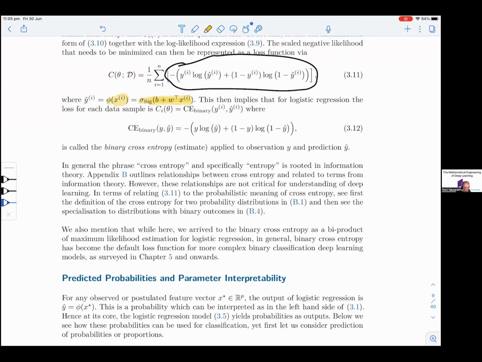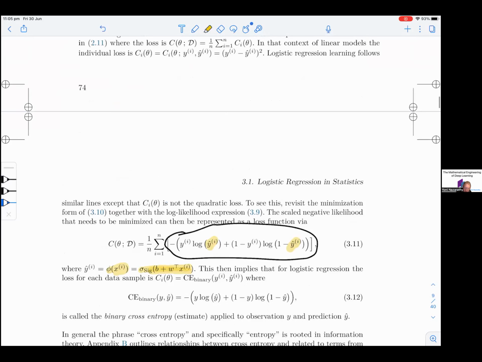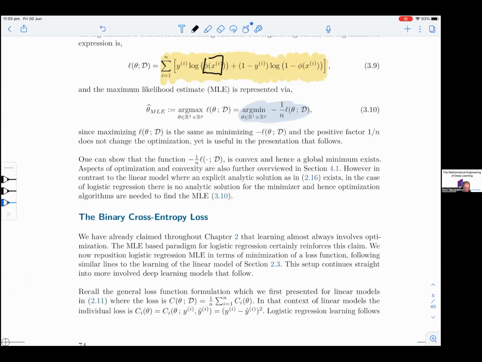See, y hat i here is phi of xi, and phi of xi inside here.